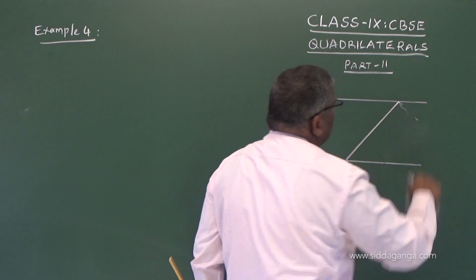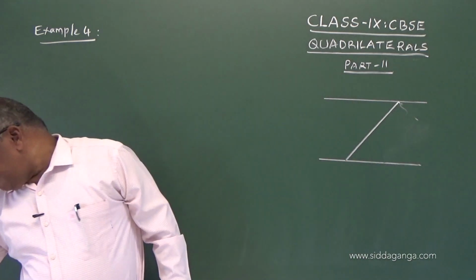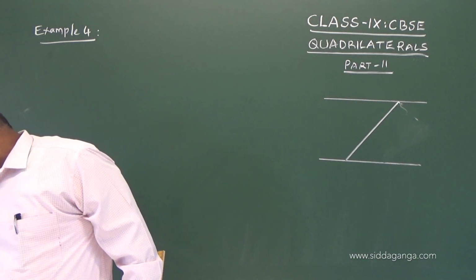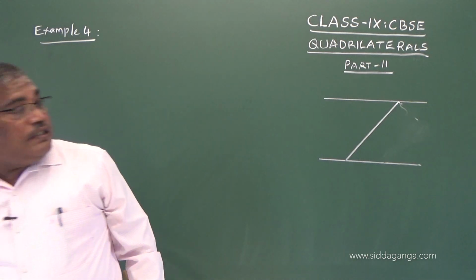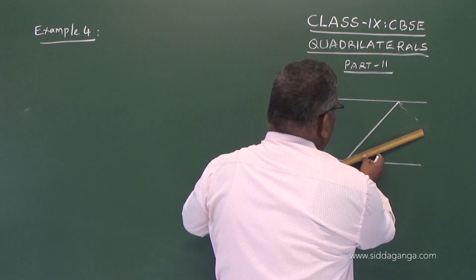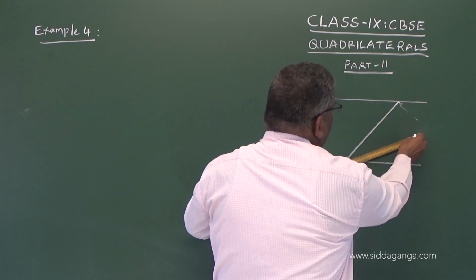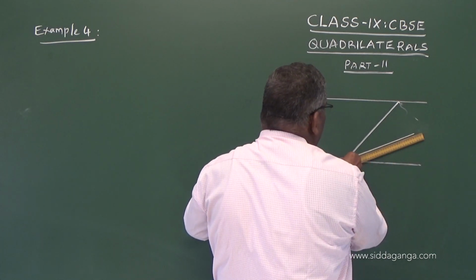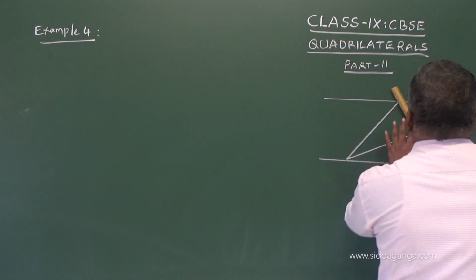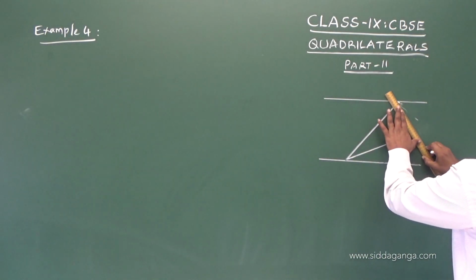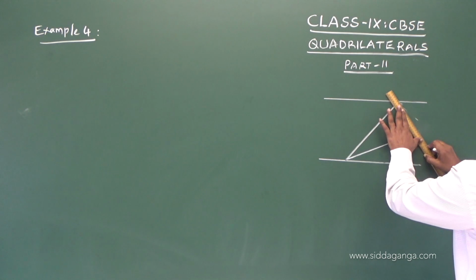This is the diagonal. Bisectors will meet there. This is bisector. This is bisector.